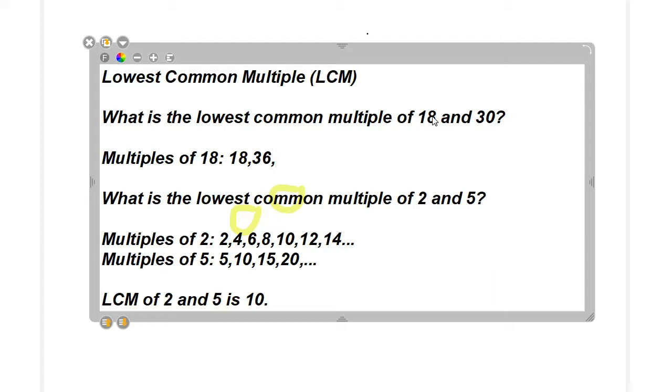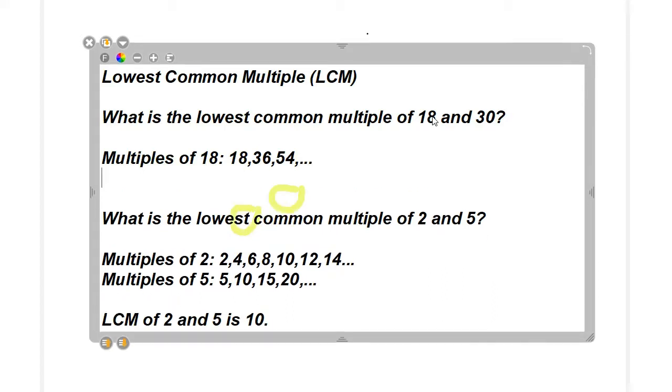There are many more multiples, and multiples of 30 will be 30, 60, 90, and so on. I would like to show you another way to solve this, because otherwise you will have to put a lot more numbers here and a lot more numbers here to find the lowest common multiple.